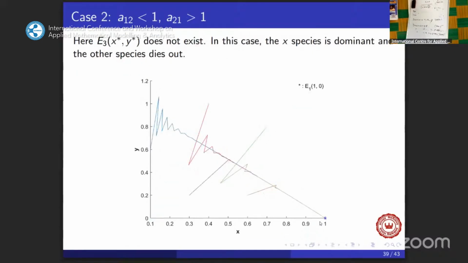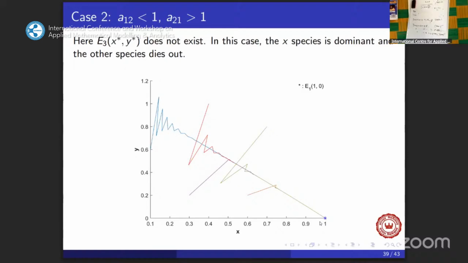If A12 is less than 1 and A21 is greater than 1, then what will happen? Then the interior equilibrium point does not exist. But the axial equilibrium E1 (1, 0) is stable and E2 (0, 1) is unstable. So we find the result.